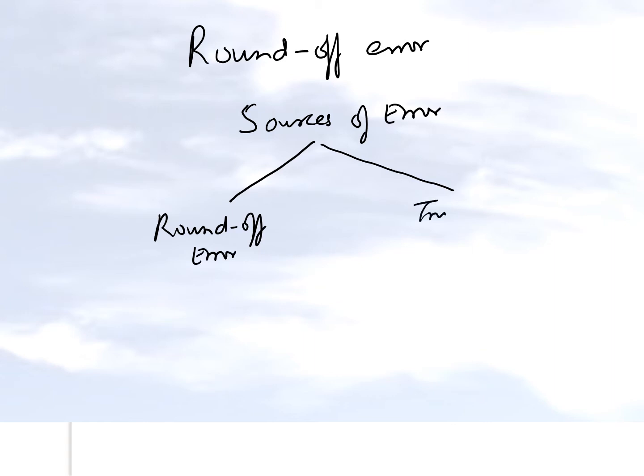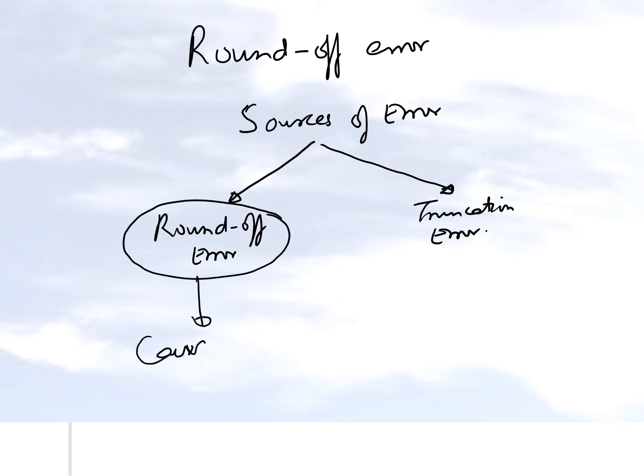The two types of errors which are inherent in numerical methods are the round-off error and the truncation error. It's important that we understand the distinction between the two because sometimes they get conflated with each other. Round-off error is caused by approximating numbers.